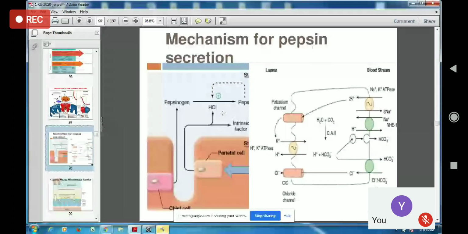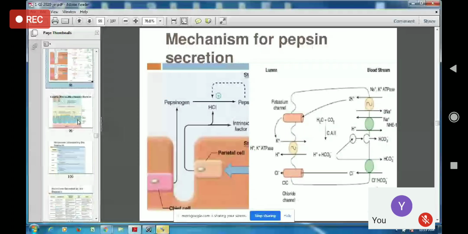So, are you clear about how HCl is being produced? Are you clear? Yes, ma'am. Okay. So put a VIMP in your notes for gastric secretion. It is a very, very famous question for your exams.